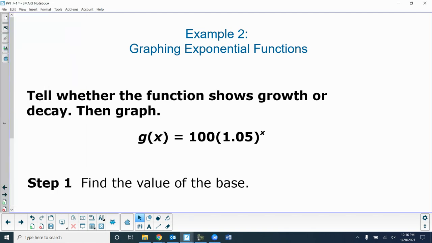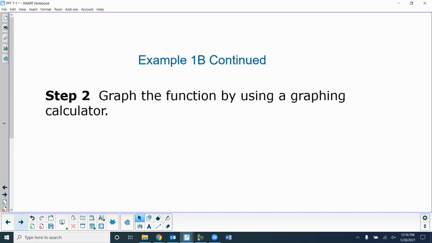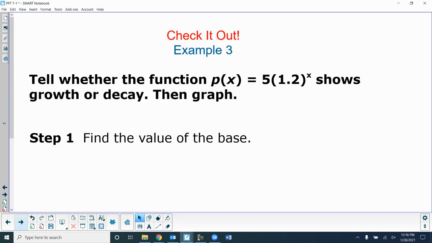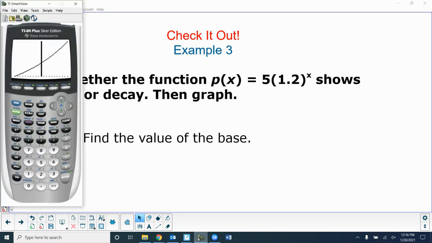All right, let's look at another one. Growth or decay? Growth. We all understand why it's growth. Again, because my base is bigger than 1. Okay? Again, if I put it in the calculator, it's gonna be going out left to right.